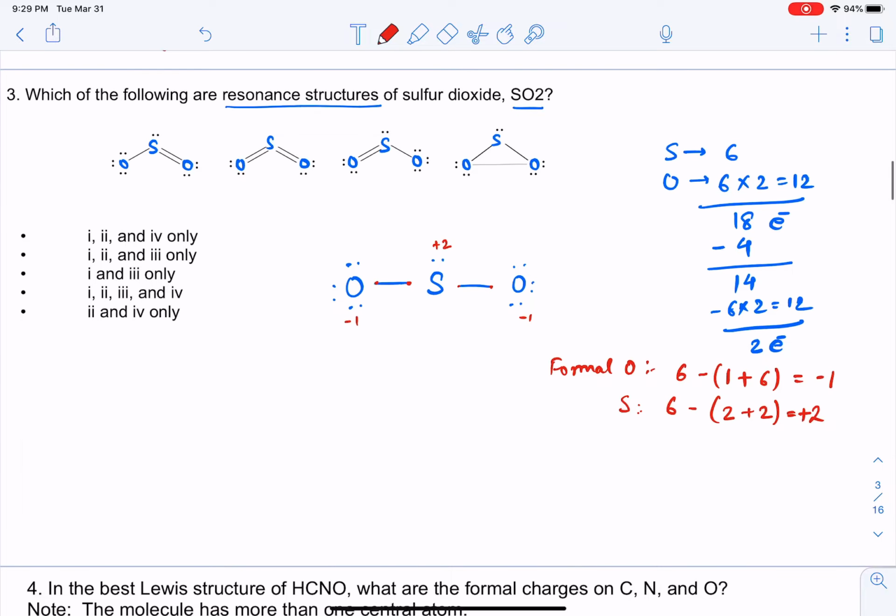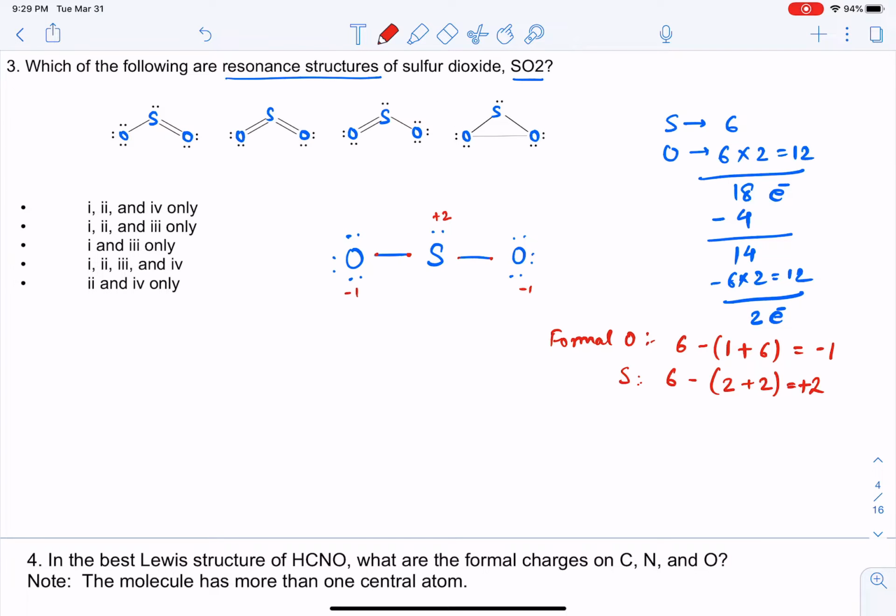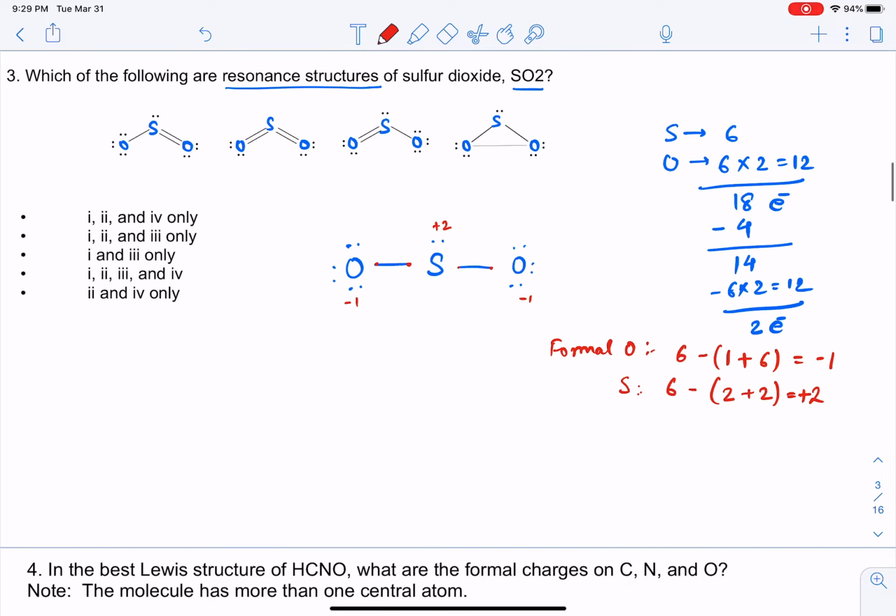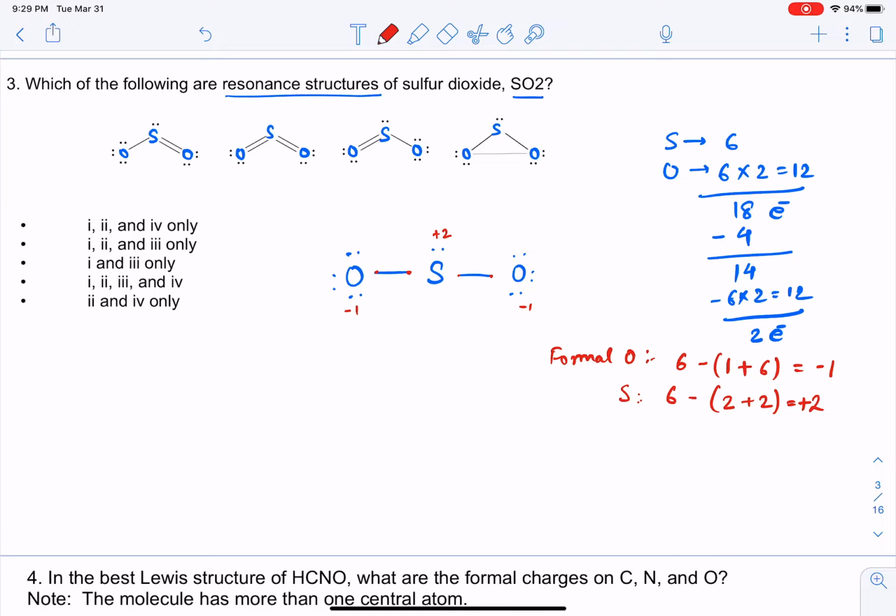Going further, now our goal is to settle up this formal charge, right? So what we can do is move on and have something as, now it has +1 -1. Now if you check, sulfur is now in an octet form.